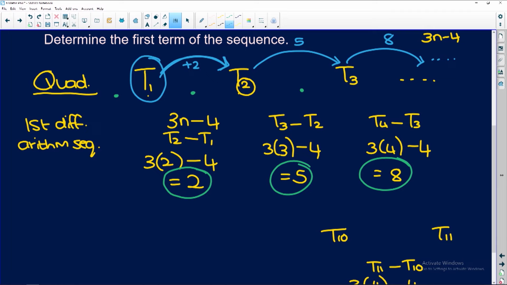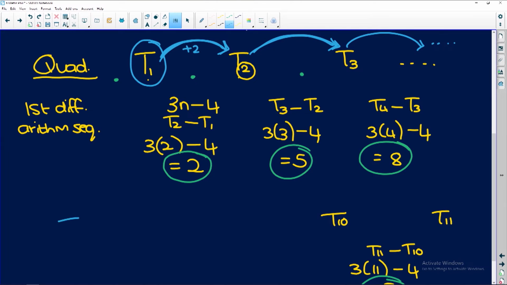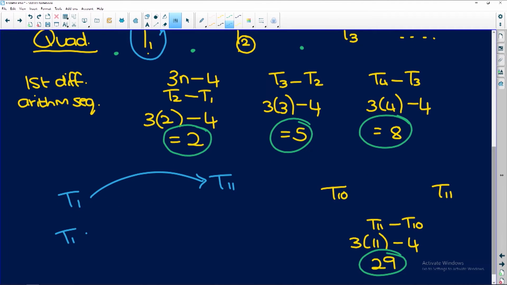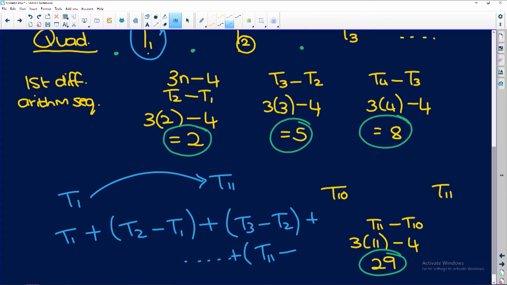But if I start at term 1 and I add 2 and then I add 5, I get to term 3. So if I say from term 1 all the way to term 11, it is the same as saying term 1 plus term 2 minus term 1 plus term 3 minus term 2 plus all the way to term 11 minus term 10. Okay, so if I add all of the first differences to term 1, I should get to term 11.